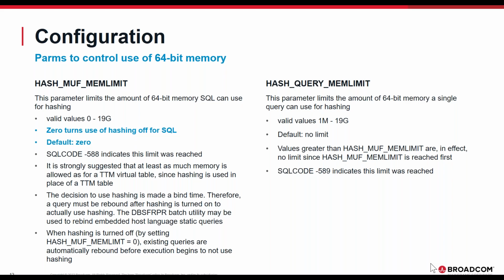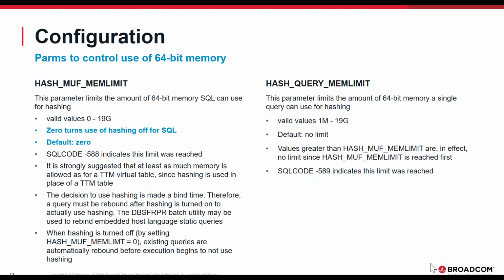The second parm is just to keep a particular query that is for some reason going to sort of hog all of the memory from preventing other concurrent queries from running that don't use really much memory at all. So you can set this limit lower than the MUF limit.